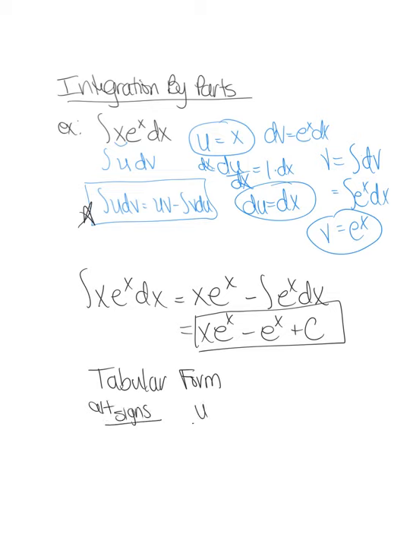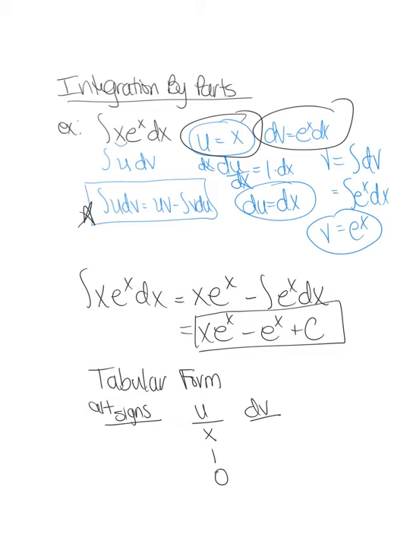The second column is going to be our u, and the last is going to be our dv. Now remember when we were up here, we picked a u of x. We're going to put that u in here, and then we're going to differentiate it to 0. The derivative of x is 1, and the derivative of 1 is 0. That's going to set up the number of rows in our particular table.